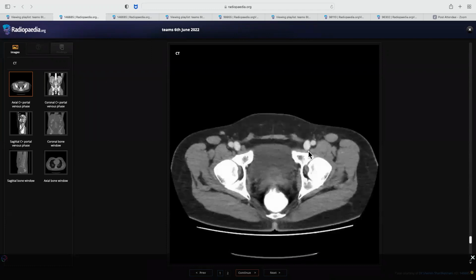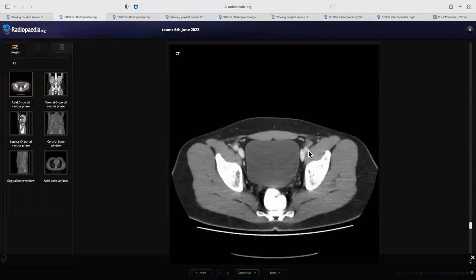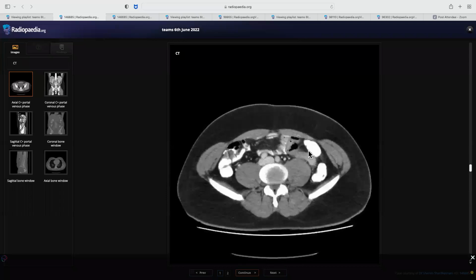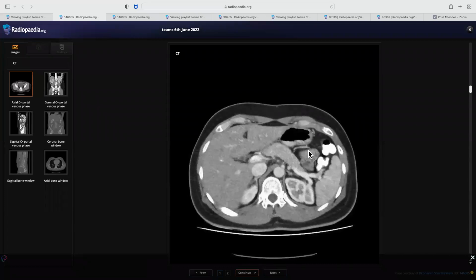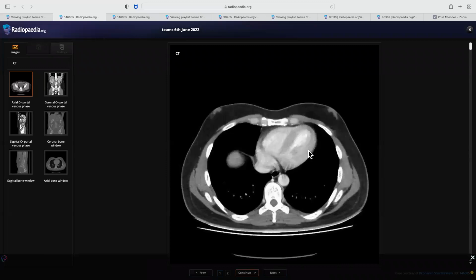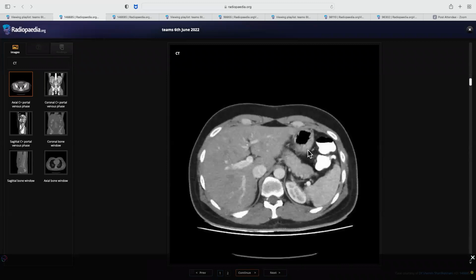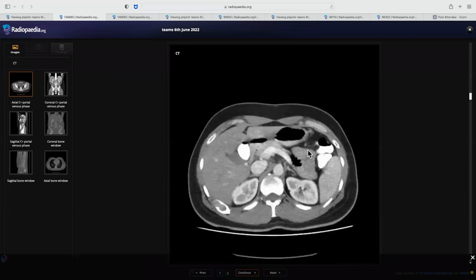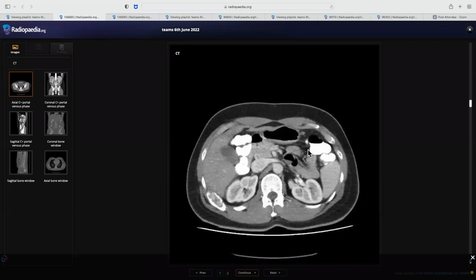Okay, so I've been provided with a contrast enhanced CT scan of the abdomen, axial sections. I see an expansile osteolytic lesion in the posterolateral portion of the right 11th rib with associated cortical destruction.